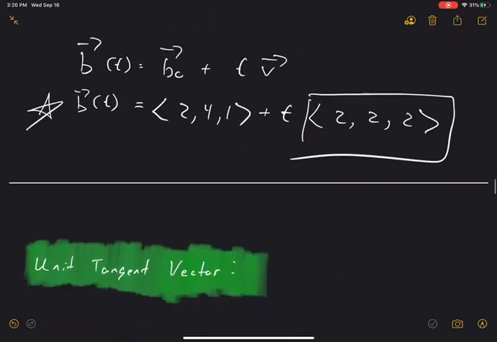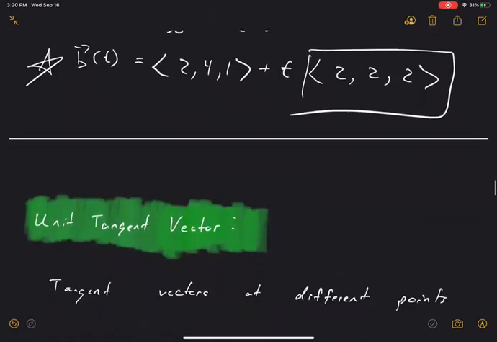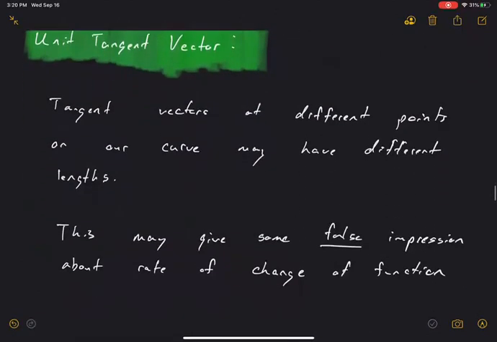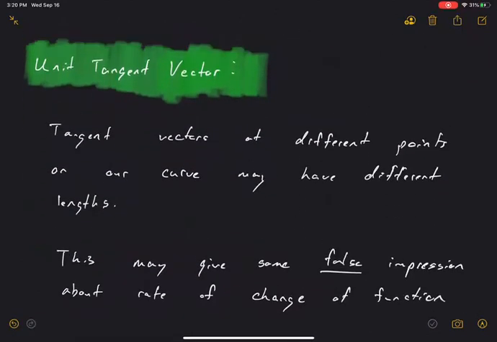So these tangent vectors have different lengths, and how do we interpret the lengths of those tangent vectors? Well, let's not worry about what the length of a tangent vector means. Maybe we take the derivative of our vector valued function and get a tangent vector for, say, 100,007. What is the length of that tangent vector?